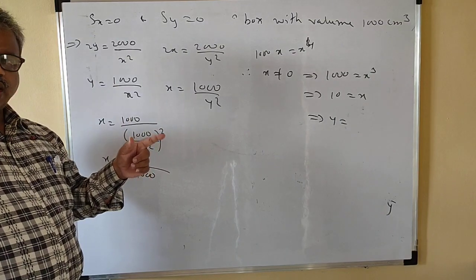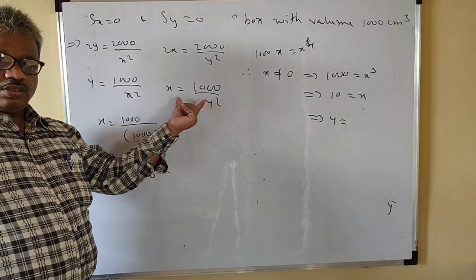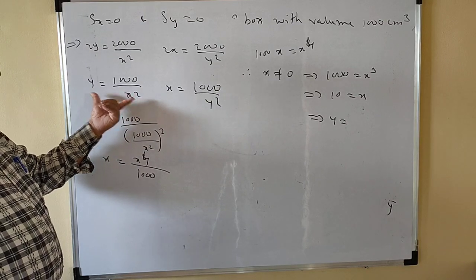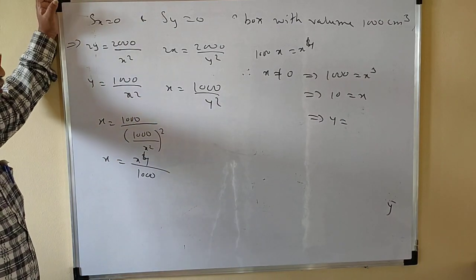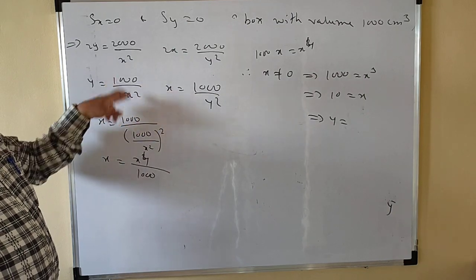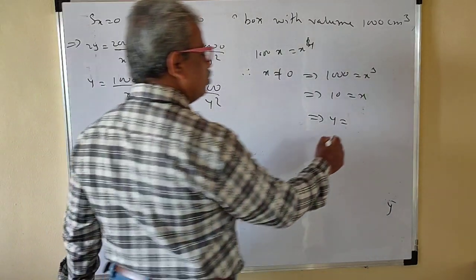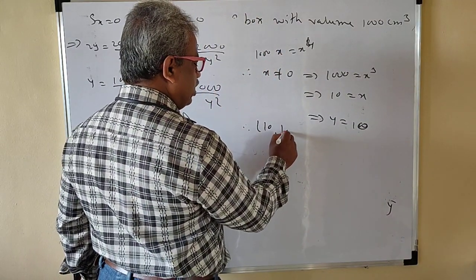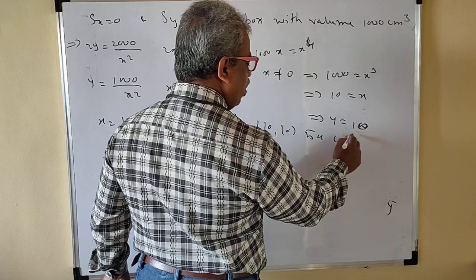So if you want to find the value of y with the help of x, you have to use this equation. So this is what, your 10 square is 100. So again y is also 10, right? Y is 10.